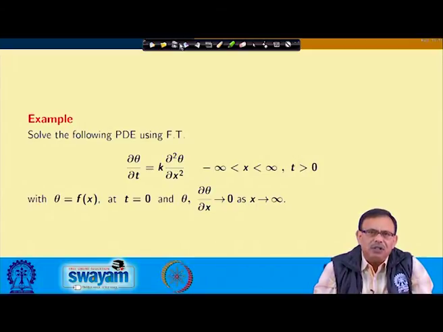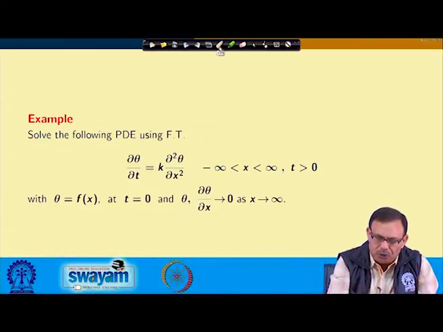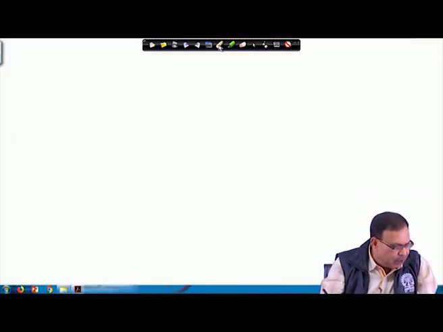Since x varies from minus infinity to infinity, I can take the Fourier transform because the conditions are also given, but I cannot use the Fourier transform with respect to the variable t, because the range of t is from 0 to infinity.